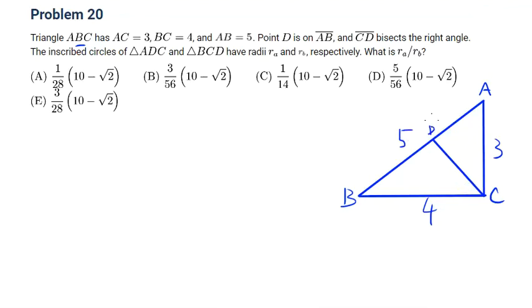Now, the inscribed circles of ABC and BCD have radii RA and RB respectively.